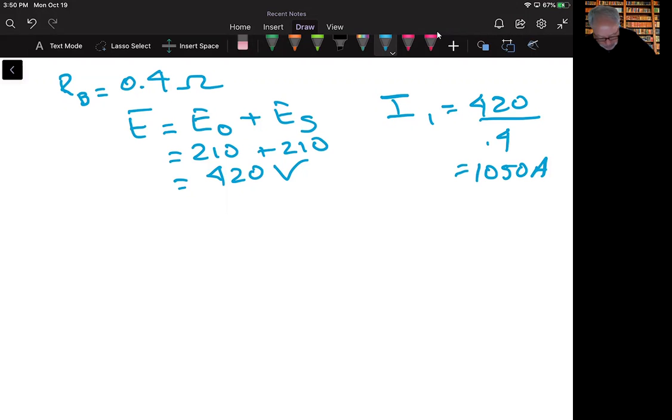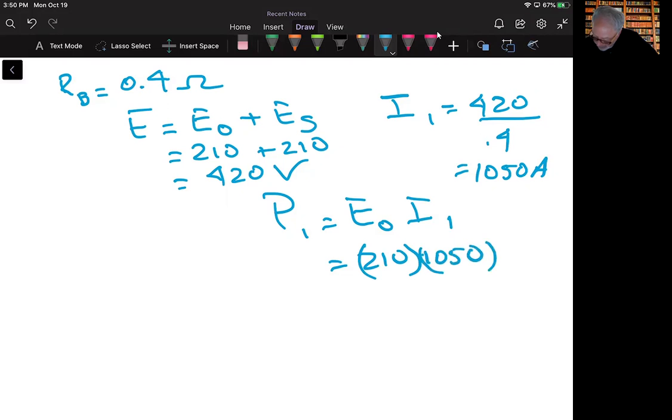Now, the initial braking power that is seen is going to be this part of the equation, applied voltage, current, and so the initial braking power is 220.5 kilowatts.